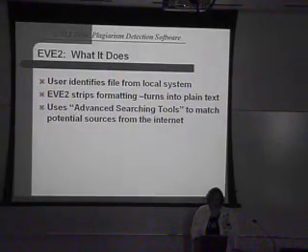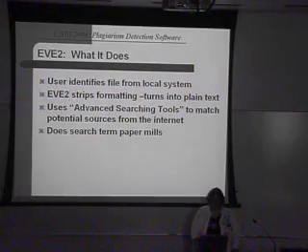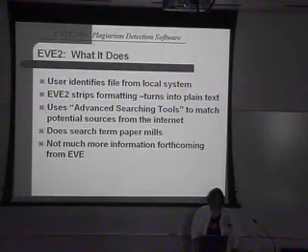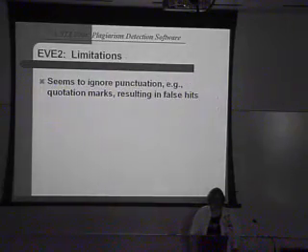Turnitin can use a variety of formats, Word, WordPerfect, text, RTF, but Eve 2 can only turn it into plain text. Then it uses what it calls advanced searching tools, but it doesn't really tell us much about what they are or how it uses them, to match potential sources from the internet. It searches term paper mills, and not much more information is coming from them about how they do it.